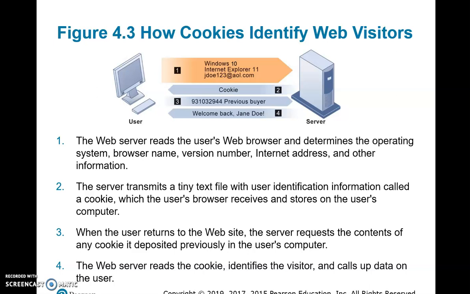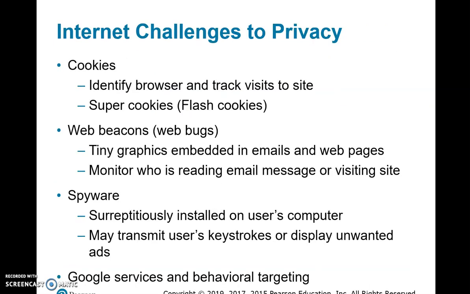The web server reads the cookie, identifies the visitor, and calls upon data on the user. At that time, when it identifies the user, it can add targeted marketing advertisements and anything else, such as their name, welcome back, and so on. So, cookies identify the browser and track visits to the site.